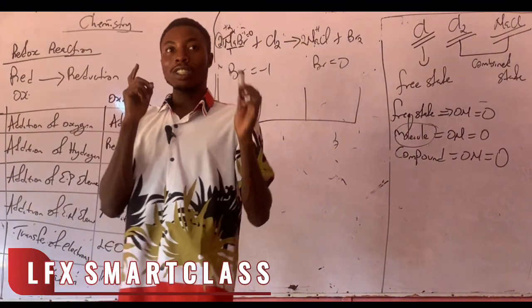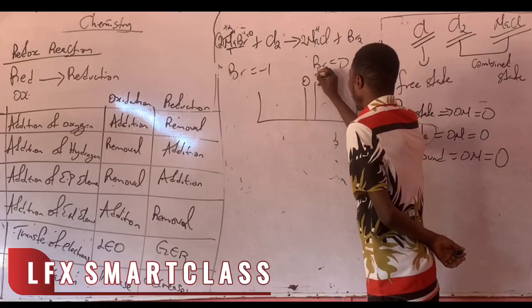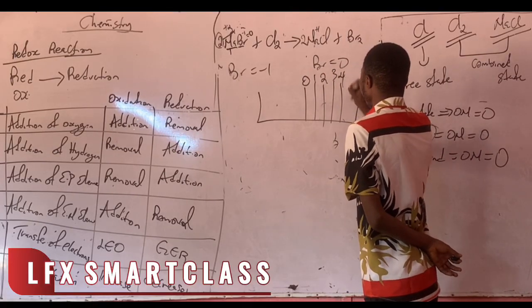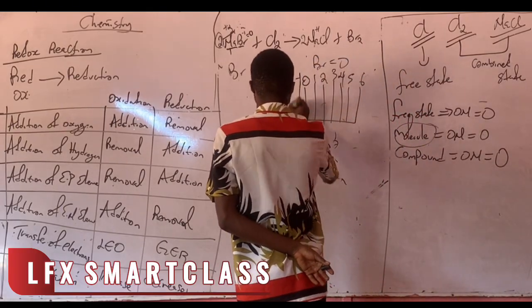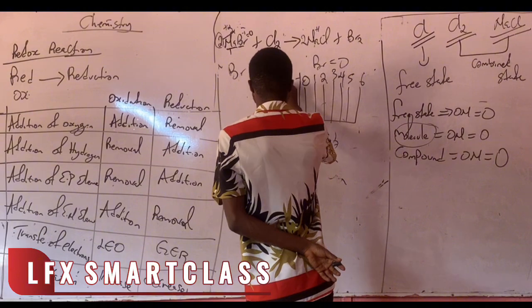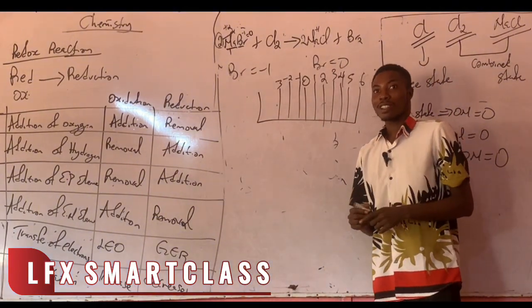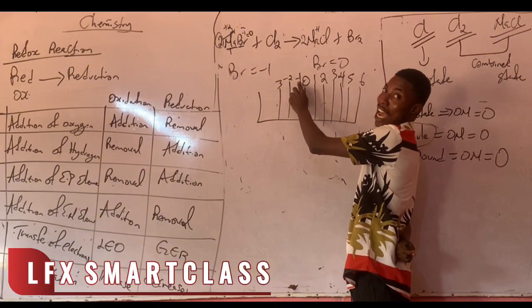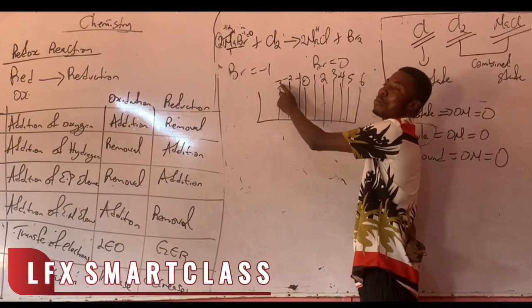Because of the oxidation number basis, I don't say 0 here. 1, 2, 3. Let's go back to primary school. And here is now minus 1, minus 2, minus 3. It's true. Is 0 not bigger than minus 1? Is minus 1 not bigger than minus 2? Is minus 2 not bigger than minus 3?